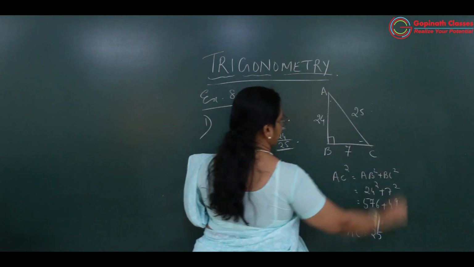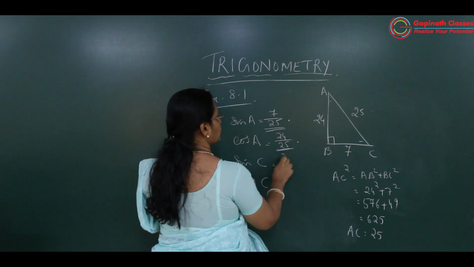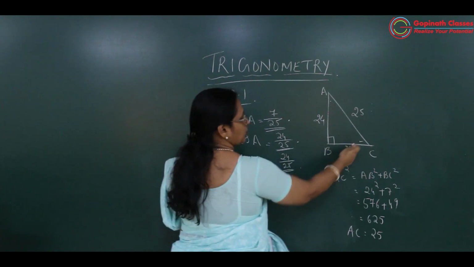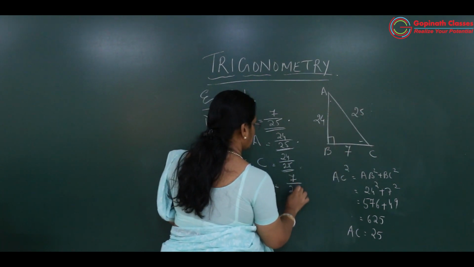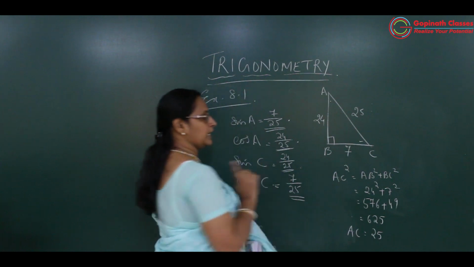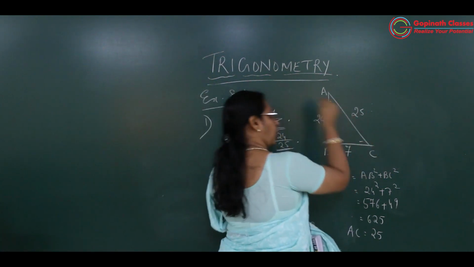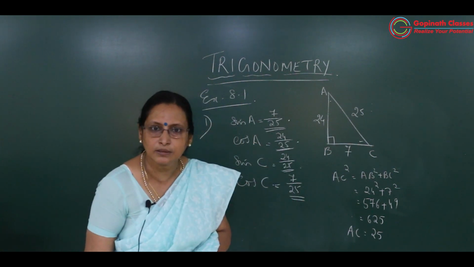Sin C. So for C, sin opposite is 24. So 24 upon 25. And cos C. Cos adjacent side upon hypotenuse 7 upon 25. So these ratios depend upon the angle. With the position of the angle you have to decide opposite side and adjacent side. Hope you understood the first question.